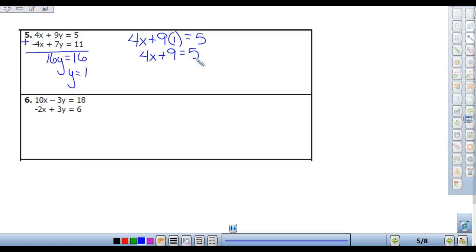I think we're all sleeping today. Now what do I do? Subtract 9. So I have 4x equals negative 4. x equals negative 1. So my point is negative 1, 1.